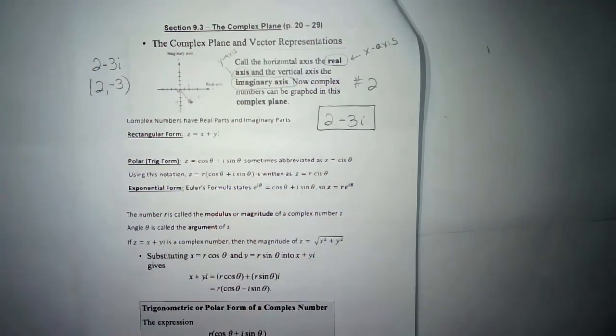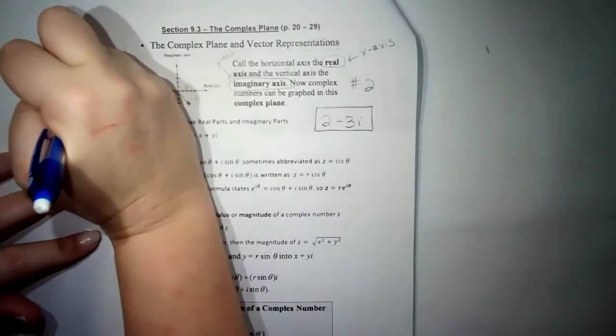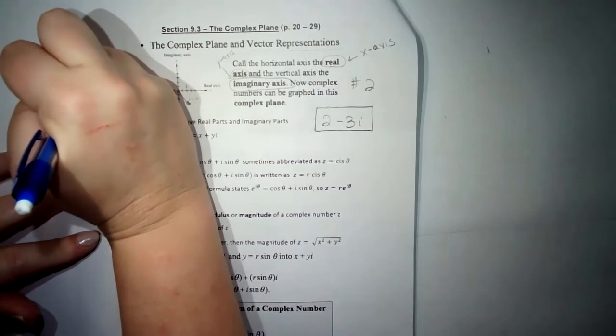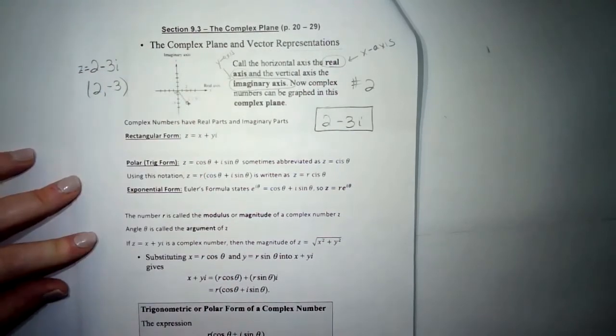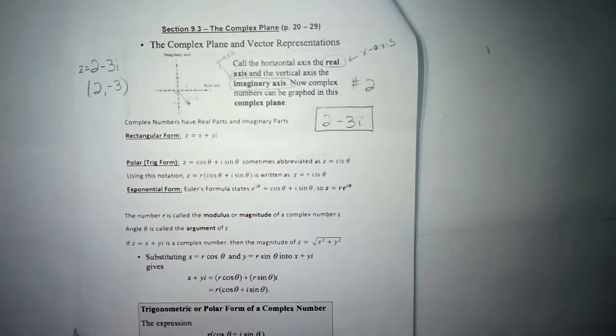All right, so anytime we're in the complex plane, anytime we're dealing with complex numbers, we don't have r equals and we don't have y equals, we have z equals. We're introducing a new letter. So when you see z, you know you're in the complex plane. You're going to have a real part and an imaginary part, okay?